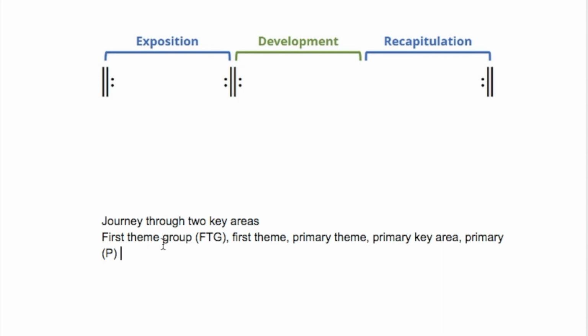And the reason for all these different terms is some people feel like there's more than one theme in the same key. So simply using this term first theme is not enough. That's why they came up with this term first theme group. And primary theme, some people feel like first, second sounds like this is more superior, second is subordinate to that, so they don't like that term, so they came up with the term primary, and so hence primary theme.